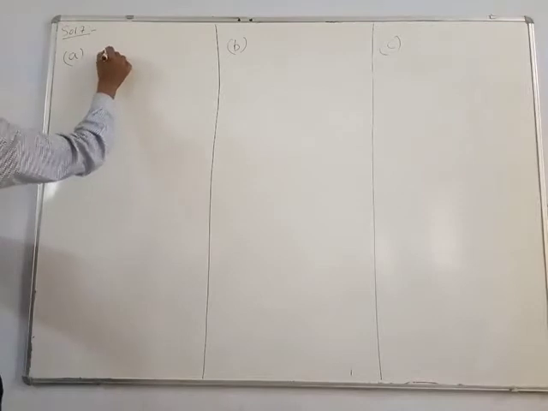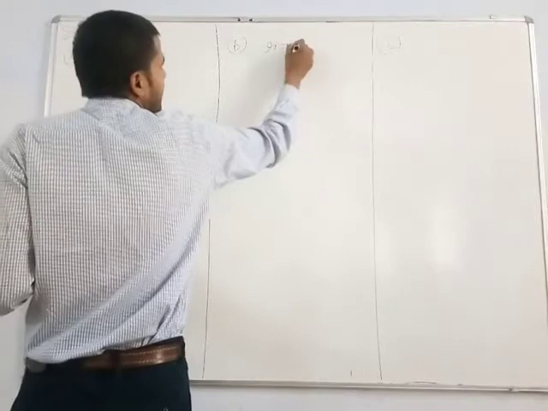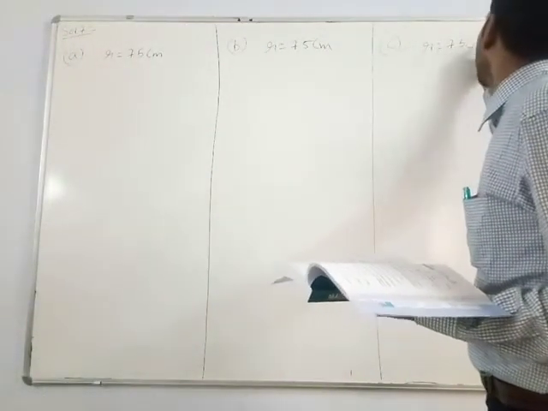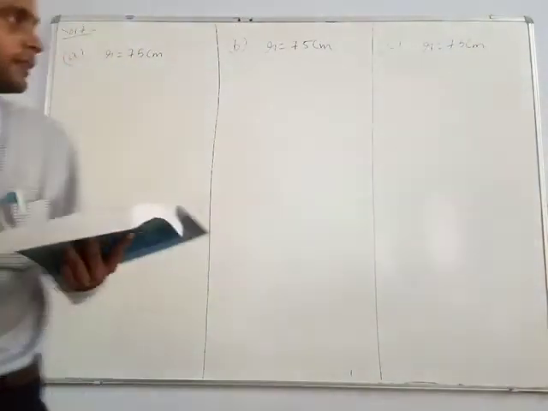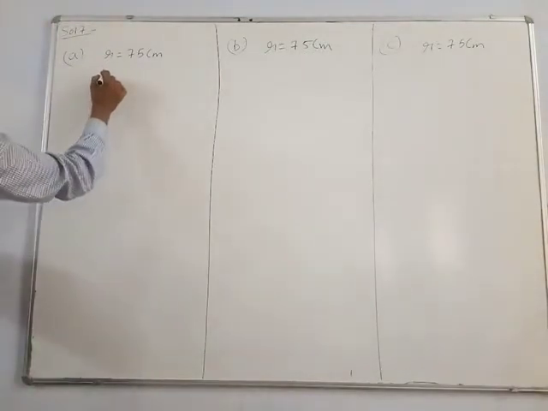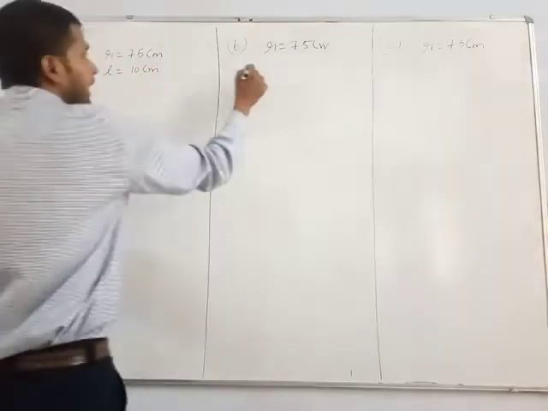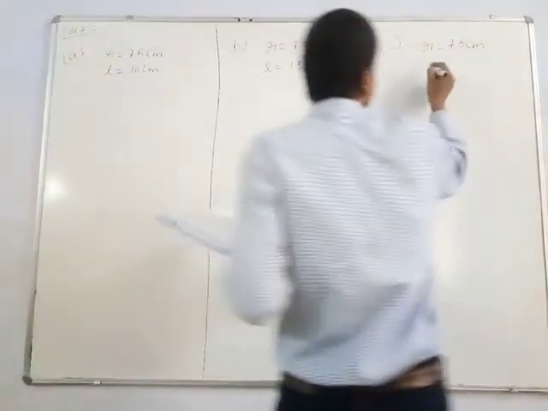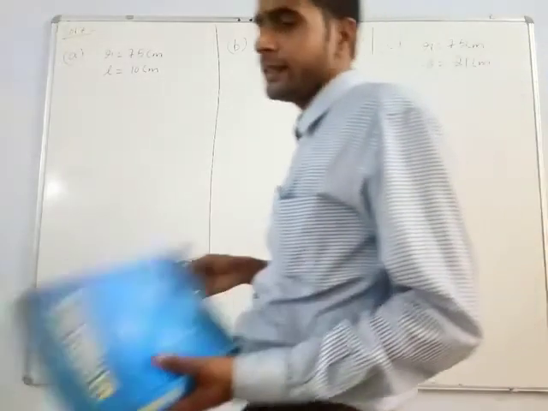Length means radius, 75 centimeters, which is common. The tip describes an arc of length L equal to 10 centimeters. In B part, L equal to 15 centimeters, and C is L equal to 21 centimeters. So you have to find theta.